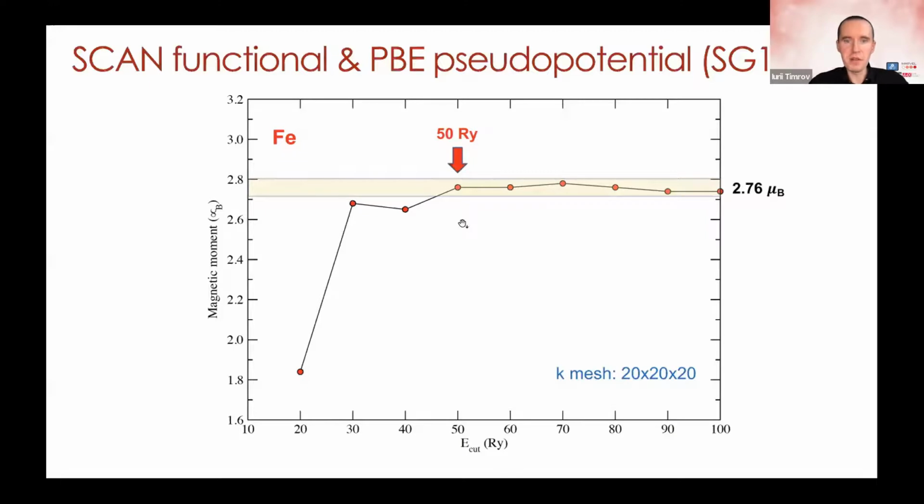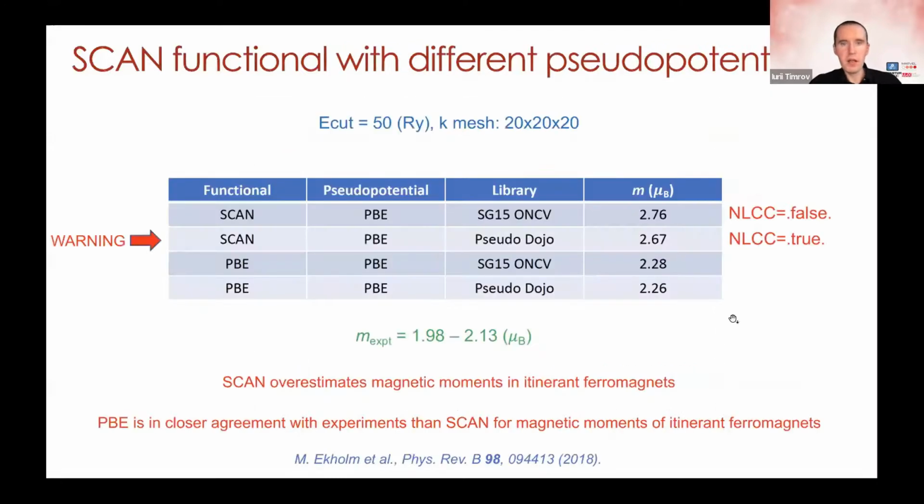So 50 Rydberg is already enough, we are there, and the magnetic moment is 2.76 Bohr magnetons. So we build the same table as before. We report magnetic moments computed using different pseudopotentials and functionals.